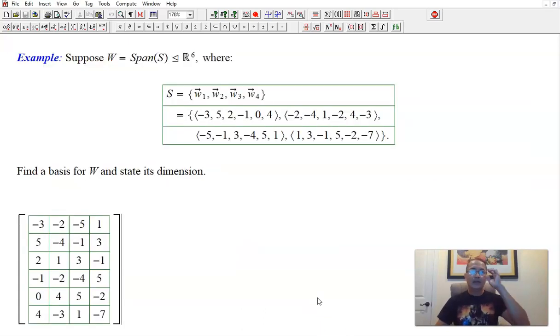Okay, so as our final example, we have another subspace made as the span of a set of vectors, this time from R6, and we have only 4 vectors. So in our last example, we had 6 vectors from R5. Now we have 4 vectors from R6.